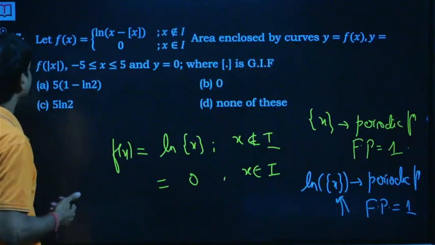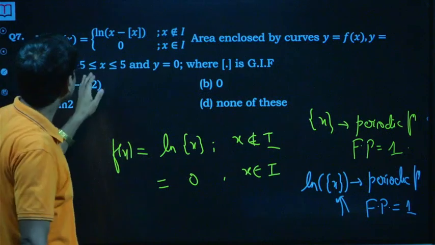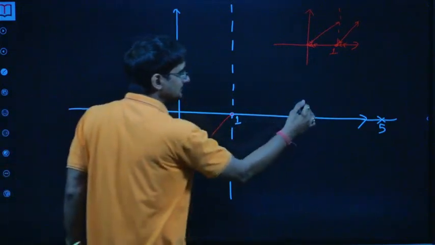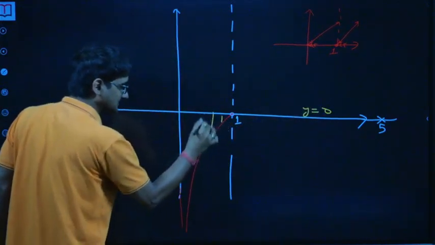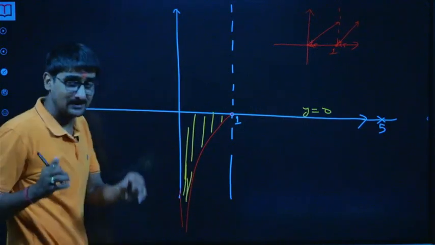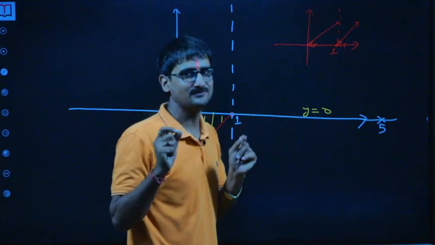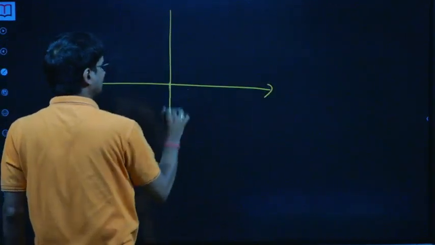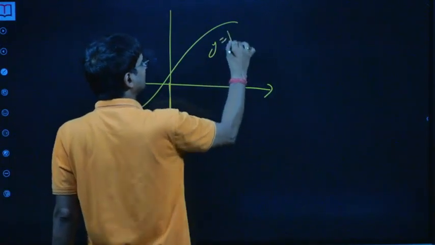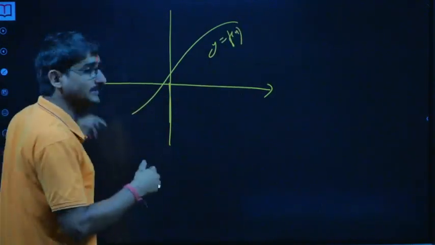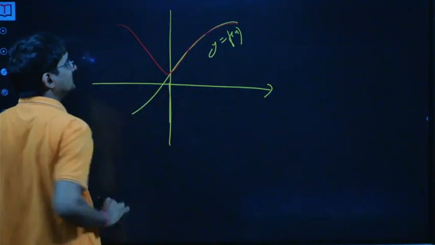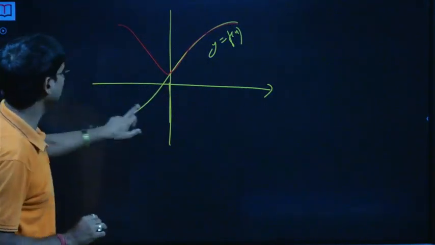So can we get its area? By the curves, y equal to 0 means the x-axis, so that's the region. I'm still on y is equal to f(mod x). How do you get the curve of f(mod x) from f(x)? If we have the curve of y is equal to f(x), to get the curve of mod x, we retain the right side portion of the curve and take its mirror image, and remove the left hand side portion.